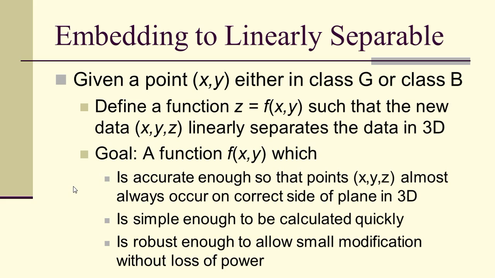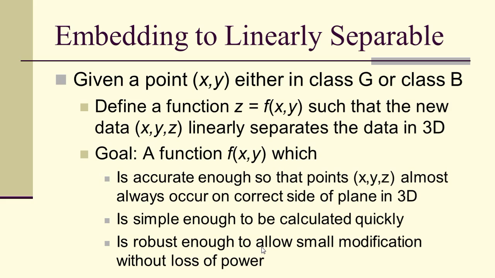It has to be simple enough to be calculated quickly. If it takes the age of the universe to calculate such an f, then we can't do that. And it has to be robust enough to allow small modification without loss of power.